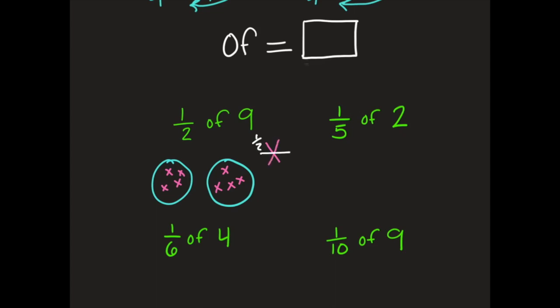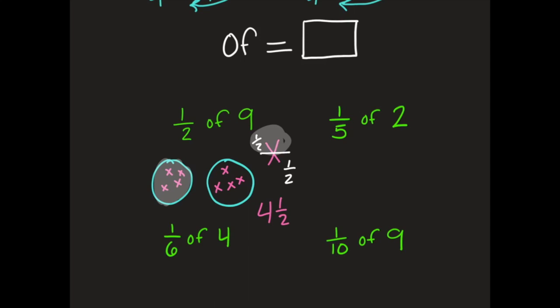So 1/2 up here and 1/2 down here. It's my leftover x. How many if I want one of these? If I circle in here, if I want one circle and one part of that x, my answer is going to equal 4 x's and 1/2 left over. So that's 1/2 of 9.